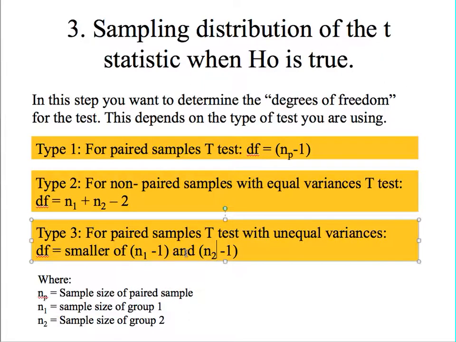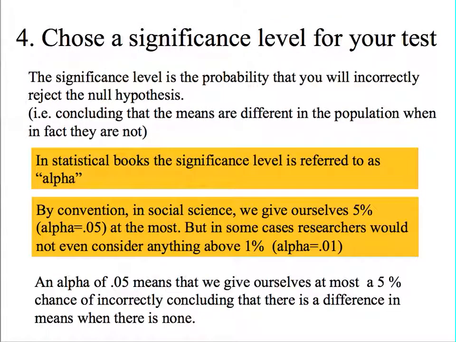Now, this is the conservative way of calculating the degrees of freedom, and in this case conservative is good, but just in this case. After you choose your degrees of freedom, you would choose your significance level for your test, right?